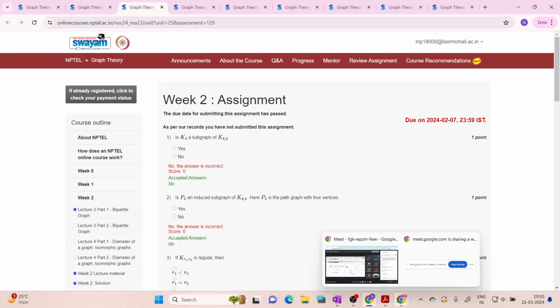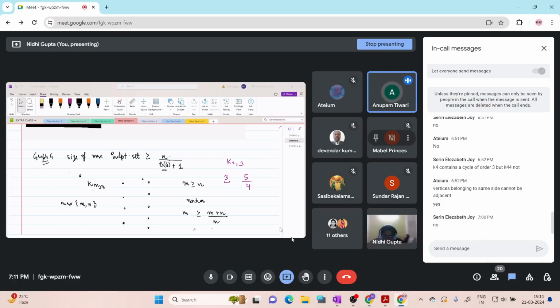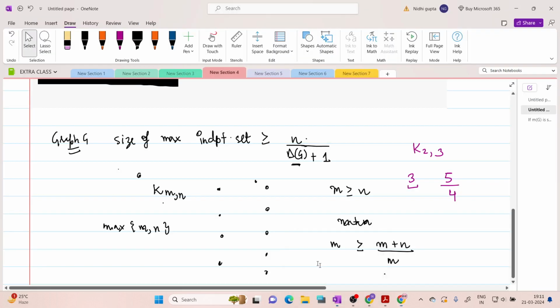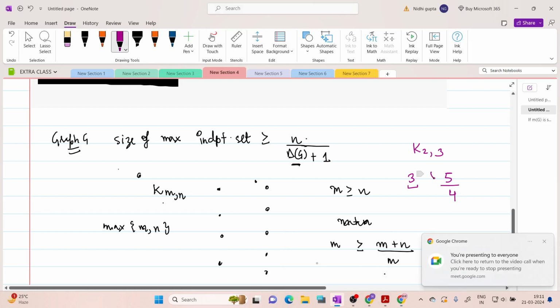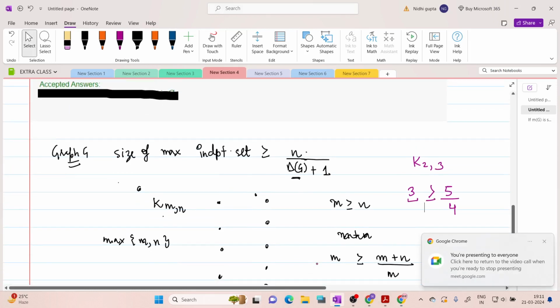Three is greater than 5 by 4. 5 by 4 is 1 point something, right? 3 is greater than 5 by 4. Yes, independent set. Yes, it is coming.